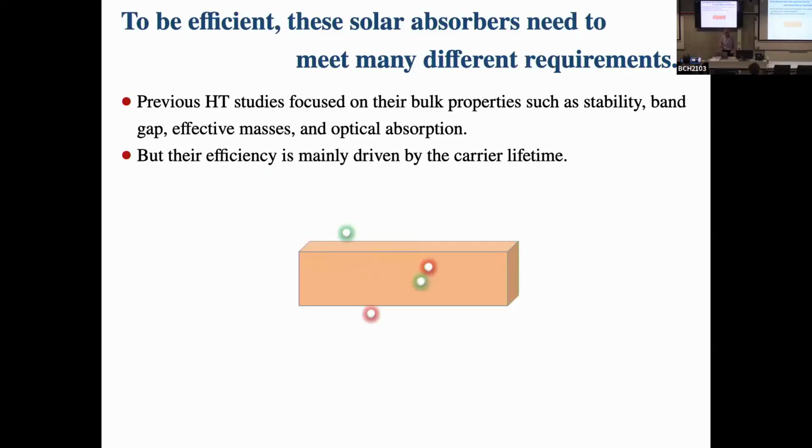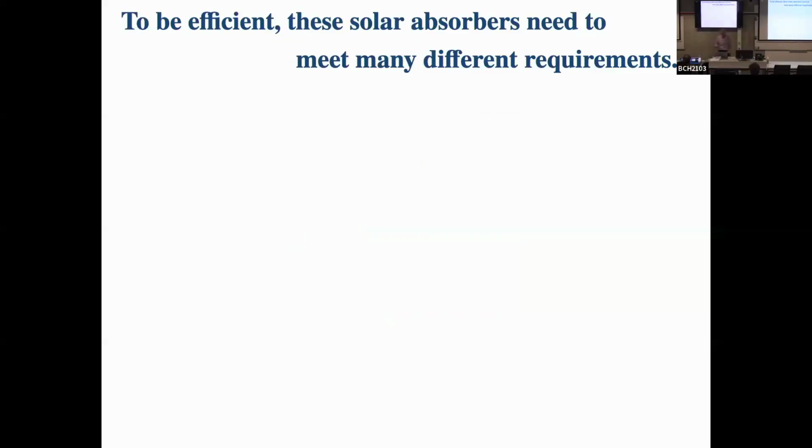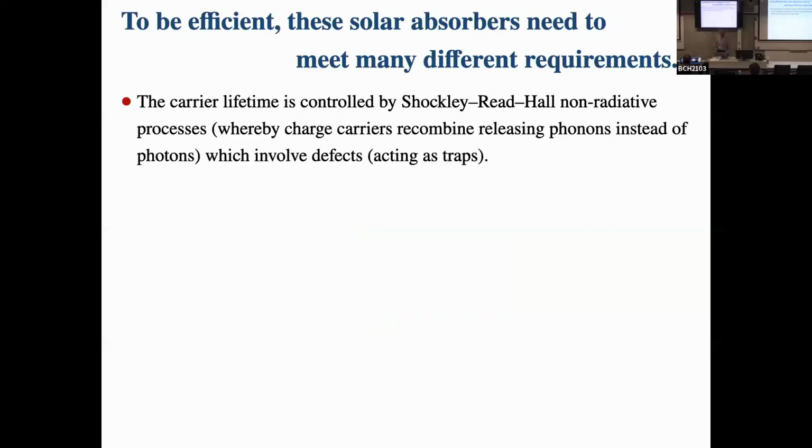What you really want to avoid is recombination of the electron and hole. One of the reasons for this recombination is the so-called Shockley-Read-Hall non-radiative process, whereby the charge carriers recombine by releasing phonons instead of photons. And these involve traps, as I will show you.